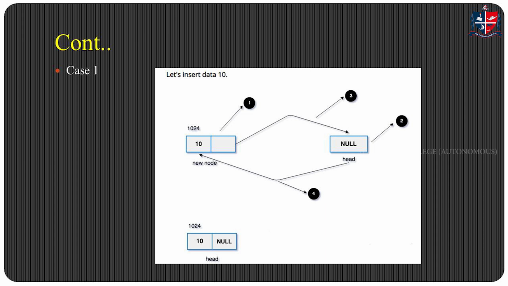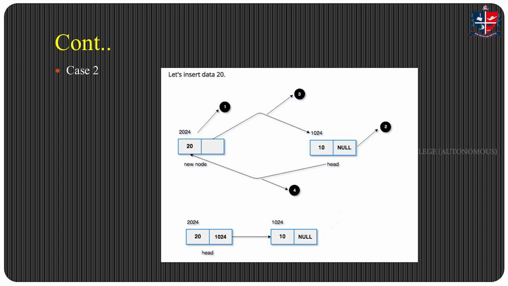So what do you do? You set this new node as head, and also you set new node next as null. These are the two steps to be performed if the list is empty. So first create a new node with the given value, that is 10. Then assign this new node as head, and also assign new node next as null.